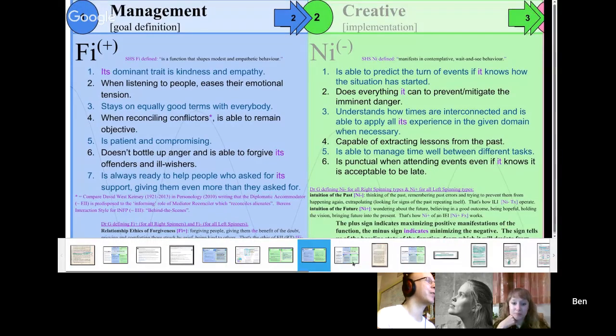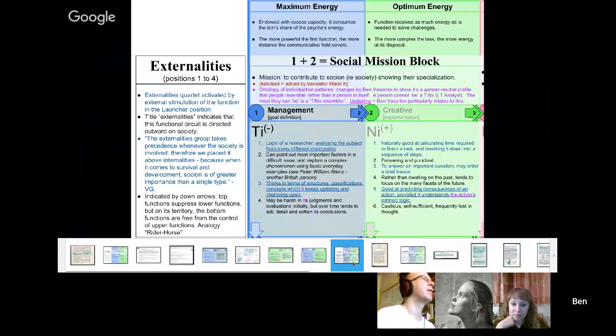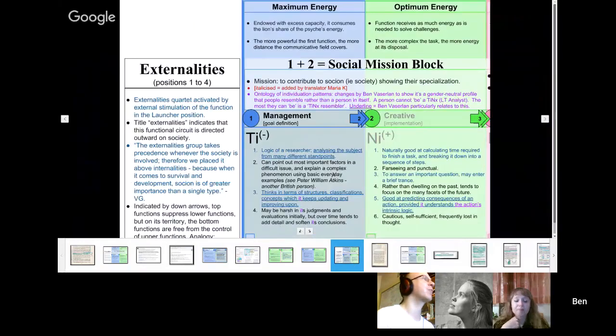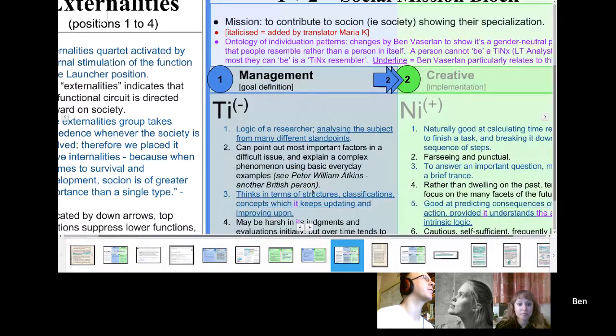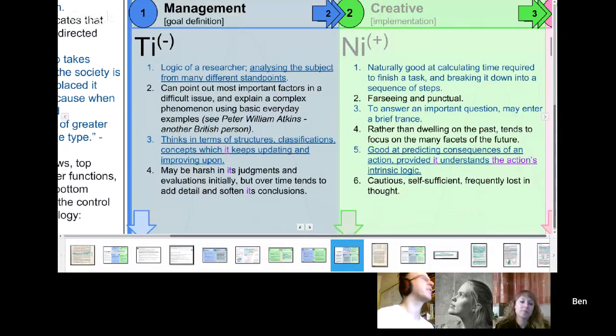Right then. So now we can go on to INTP. So the same stuff goes on as before. Yeah. So we'll go through these bullet points, the ones on the left. So, first point, logic of a researcher, analyzing the subject from many different standpoints.